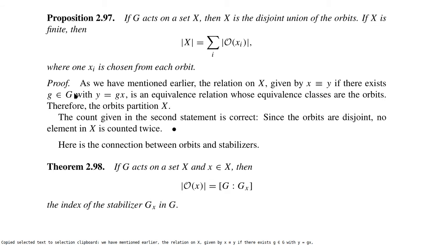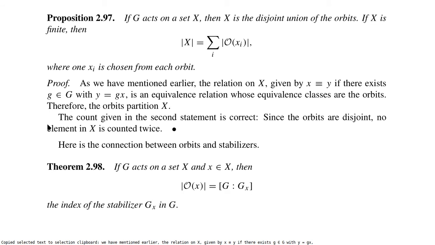So when you add them all up, they should amount to essentially all the elements of X. You're not introducing any new elements, you're just partitioning it.